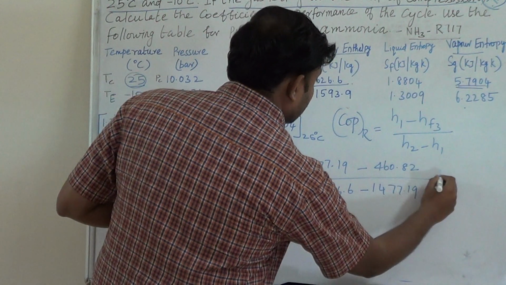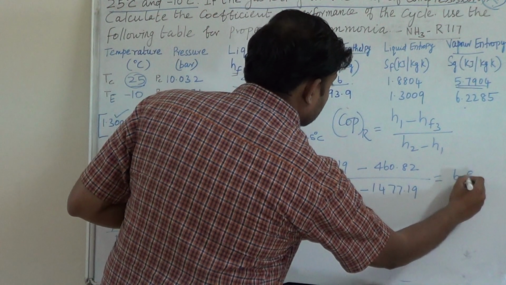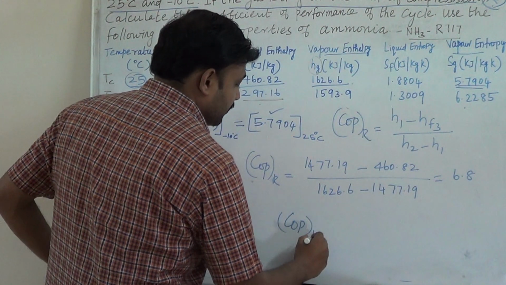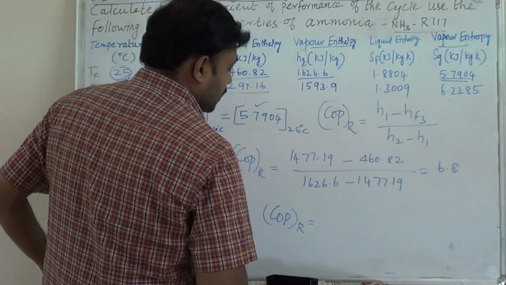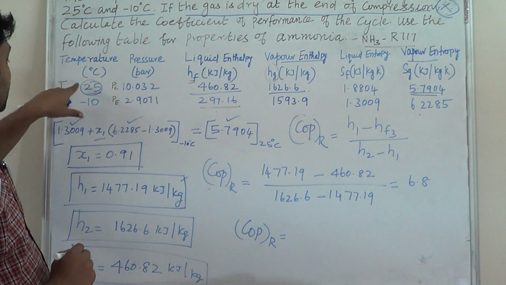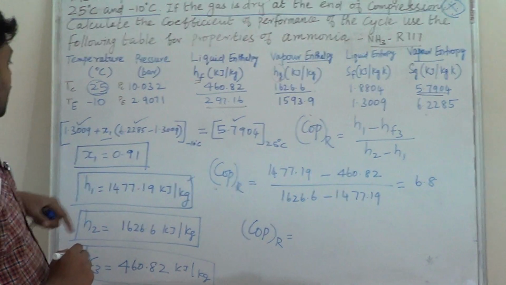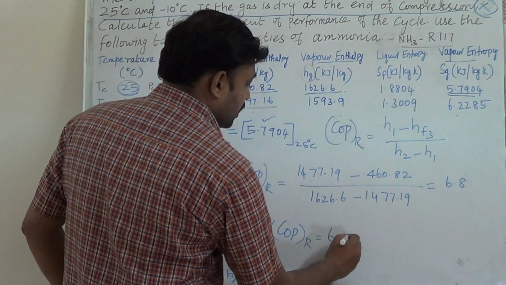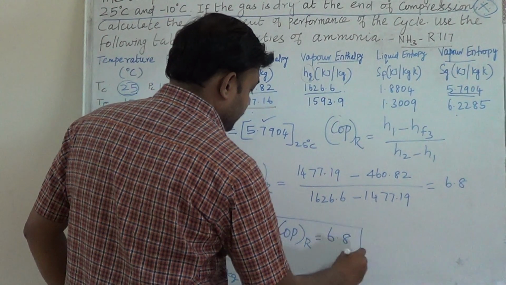So if you simplify, you will have an answer of 6.8. So the COP of the refrigeration system corresponding to the operating temperature of 25 degrees and minus 10 degrees centigrade is 6.8. This is the final answer.